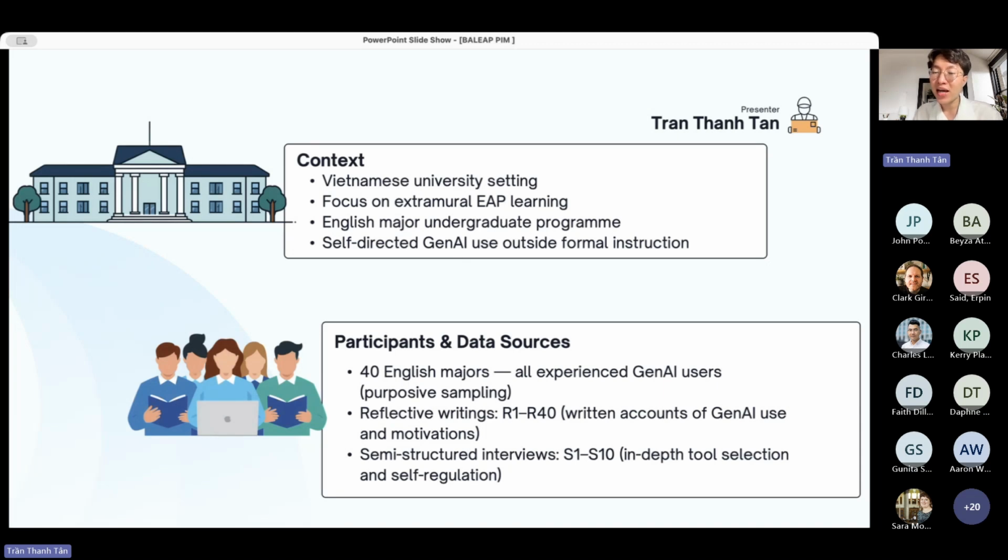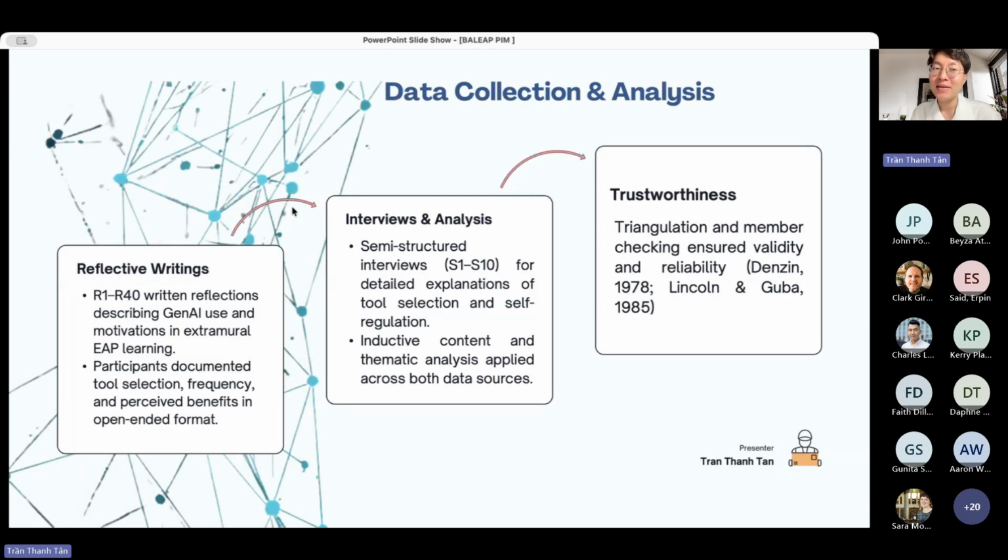After preliminary analysis of the data, I chose 10 students from these 40. They had meaningful sharing, and I would like to explore in depth, so I conducted a semi-structured interview with them. Let's look at each in more detail.